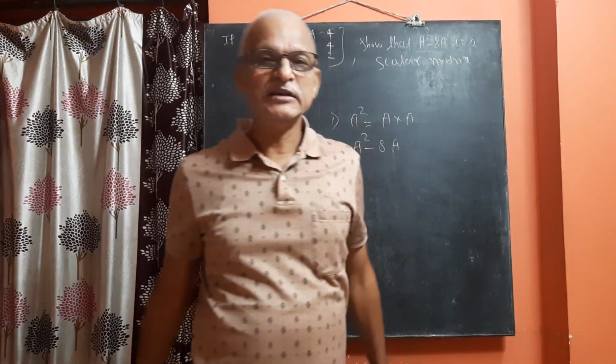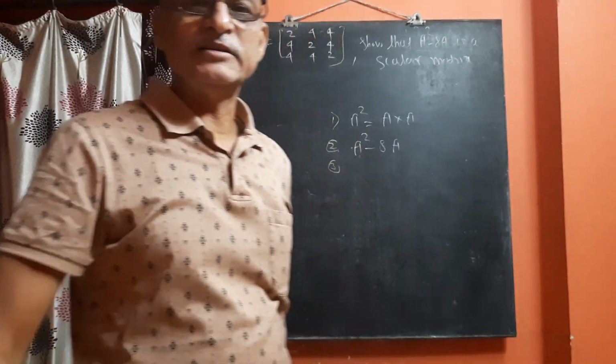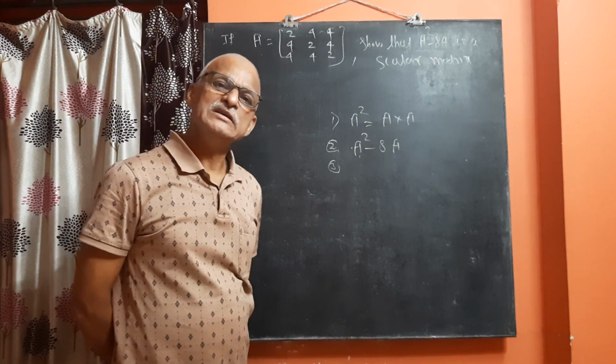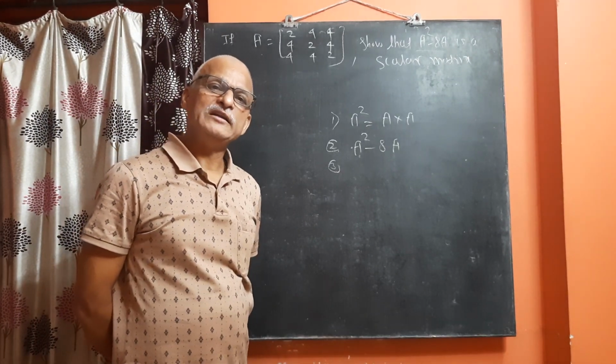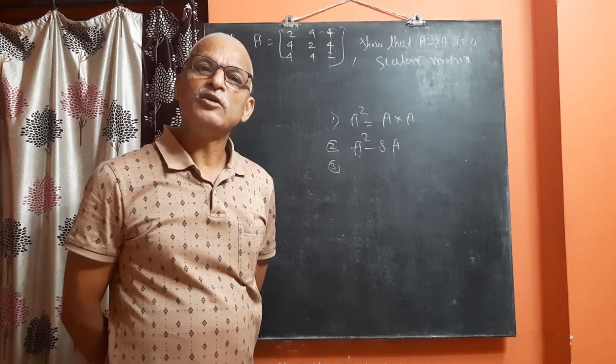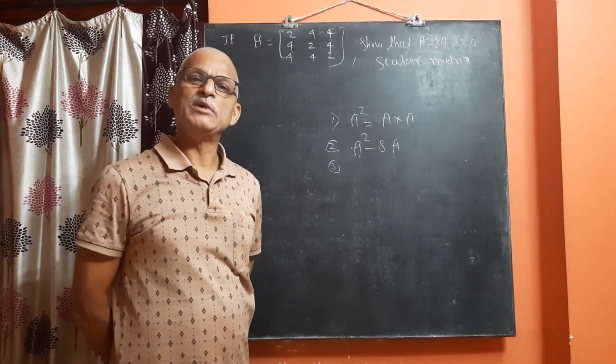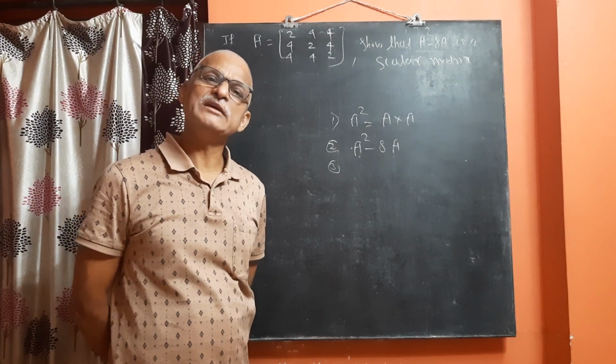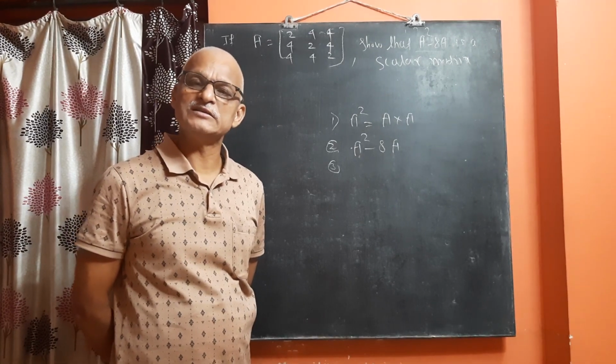Now what is a scalar matrix? We have seen in the types of matrices. A scalar matrix means a diagonal matrix having all diagonal elements the same.